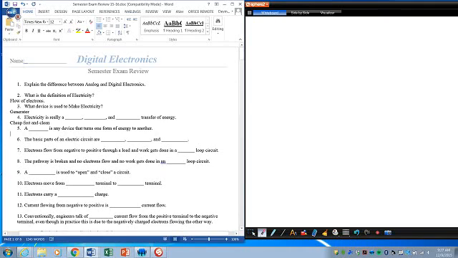Number five, something is any device that turns one form of energy to another, and that is going to be transducer. Okay, number six, you should know this. What makes a light bulb shine? Basically, we need a source, and also need a load and a pathway, meaning the wires.